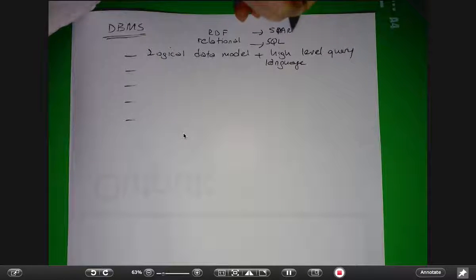There must be some IT students who've heard of that. Then your query language is SPARQL or OWL, something like that. And if you have a graph model, then you have a graph query language, something like SQL.